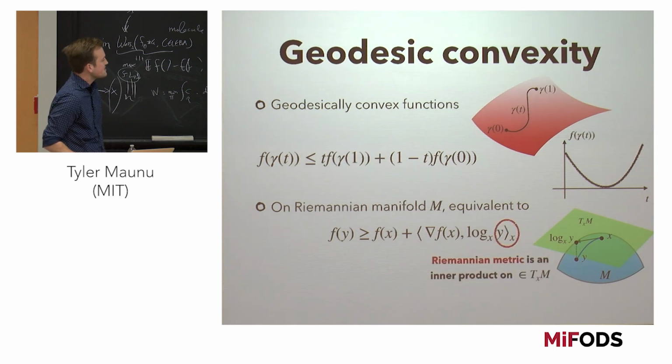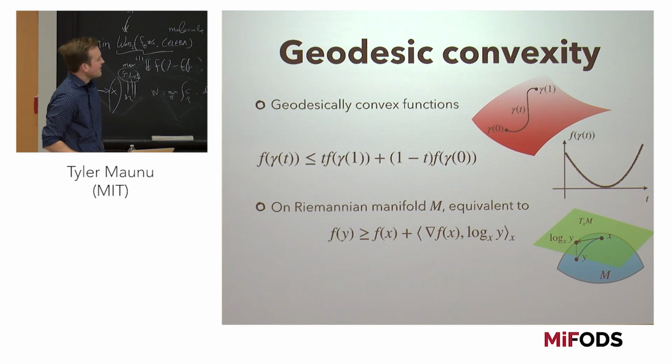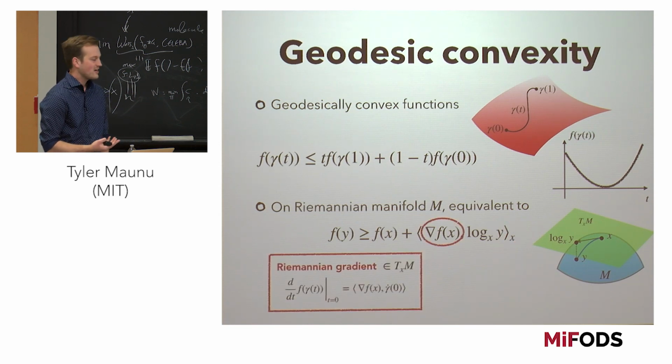And what do I mean by these things? Well, in Riemannian terms, we have a Riemannian metric that induces an inner product on the tangent space at x. And this gradient is actually a Riemannian gradient, which is basically just the element of the tangent space that gives you the correct directional derivatives. But you don't need to worry too much about it.